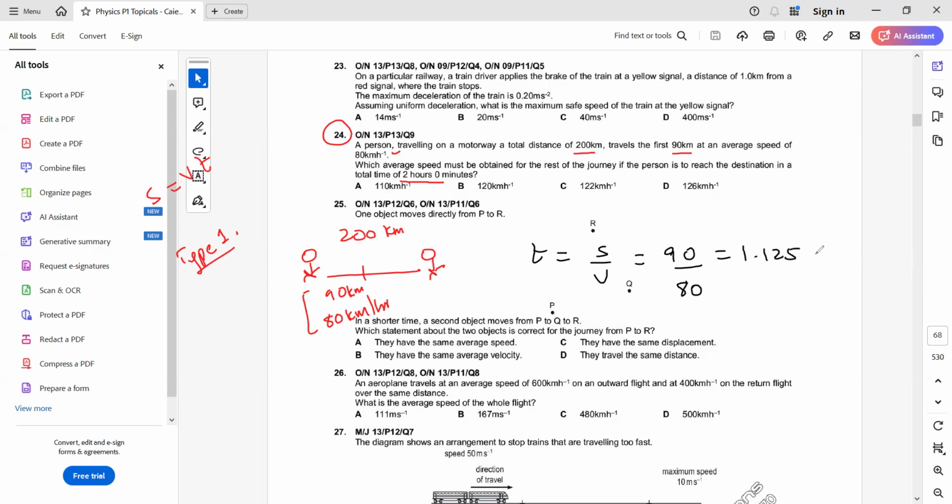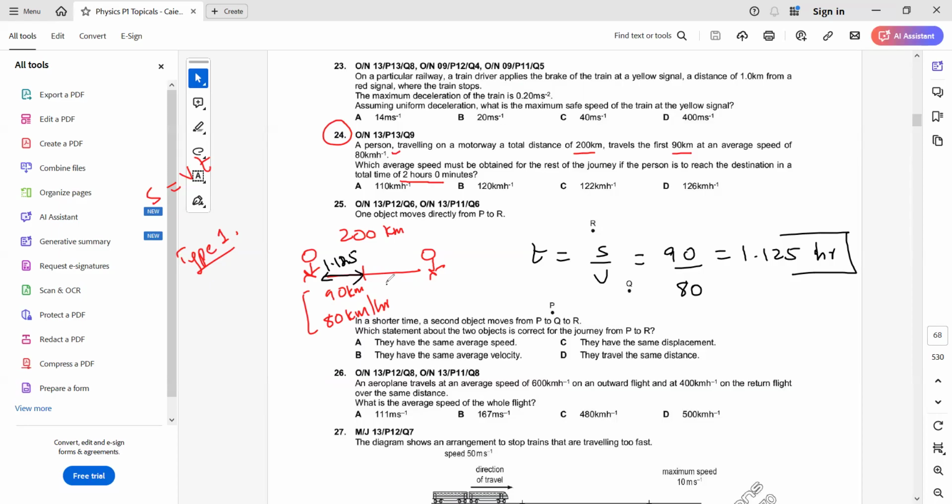Since it clearly mentions in the question that he is moving with an average speed, that means there is no acceleration, right? If there is no acceleration here, at least not given, we can assume acceleration to be zero here. So that's the time he took to travel 90 kilometers, 1.125. So the total journey was 200 kilometers, and the total time was 2 hours.